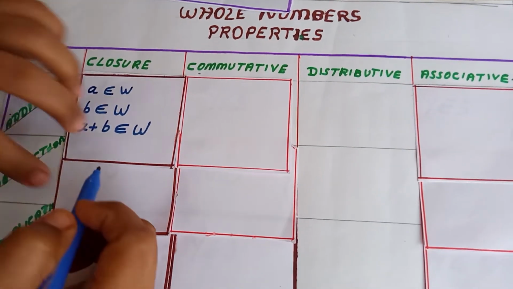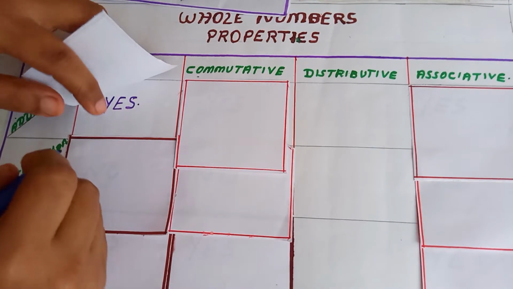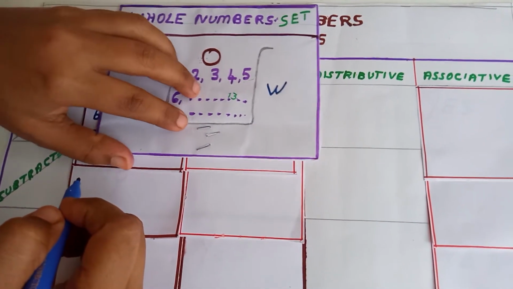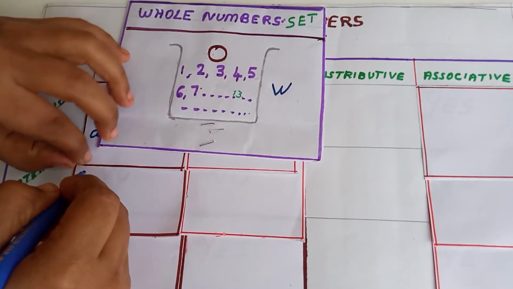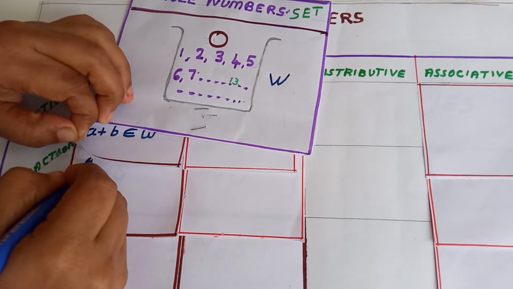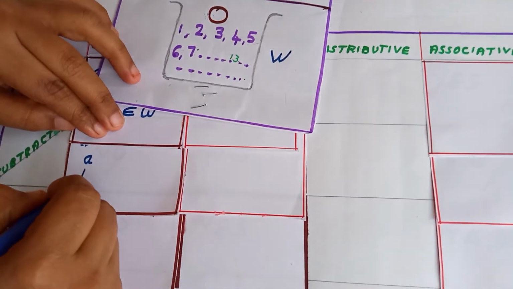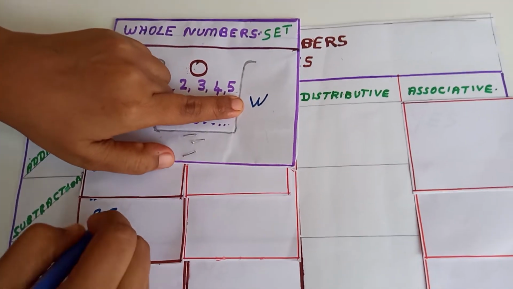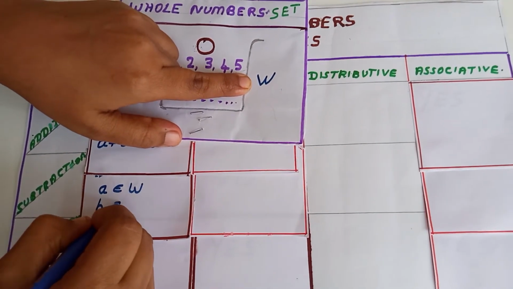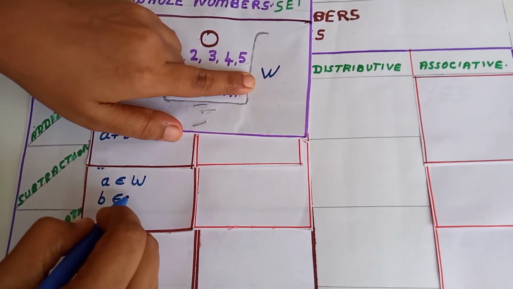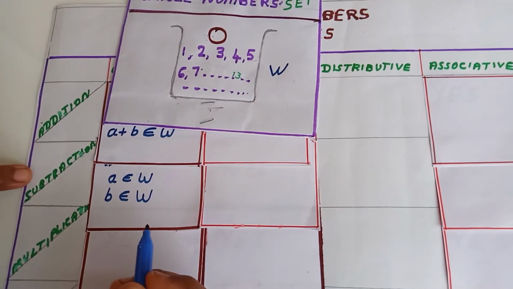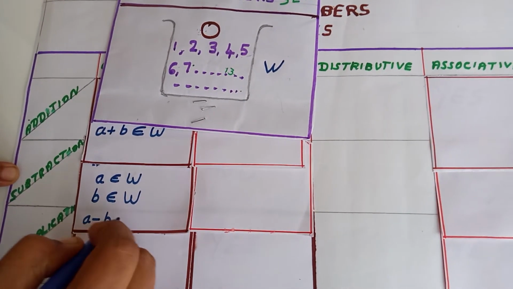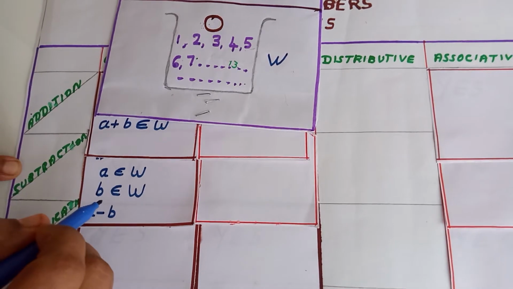In the same way, for subtraction also, we can take two numbers. Instead of two numbers, I am taking A and B. A belongs to the whole number set, W, and B also belongs to W. Subtraction means A minus B. Does it belong to W?